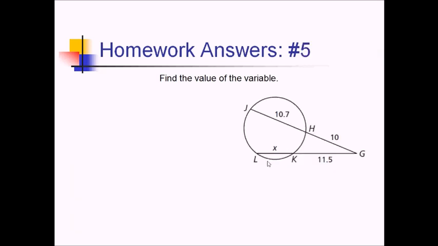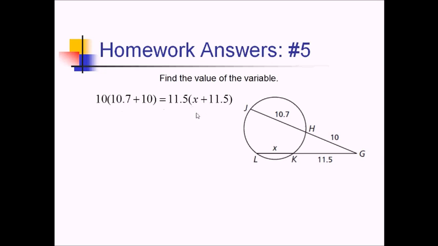For number 5, we've got two secants involved in this problem. So we can do a times a plus b, or 10 times 10 plus 10.7, equals 11.5 times x plus 11.5. All right, so we're going to simplify a little bit on each side. So over here we've got 10 times 20.7, which is 207.